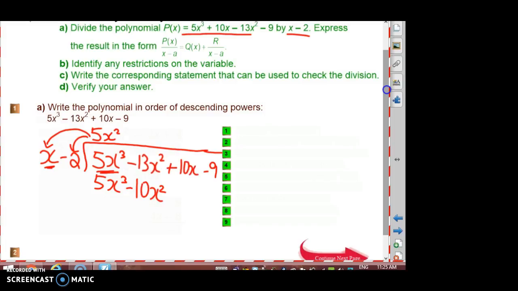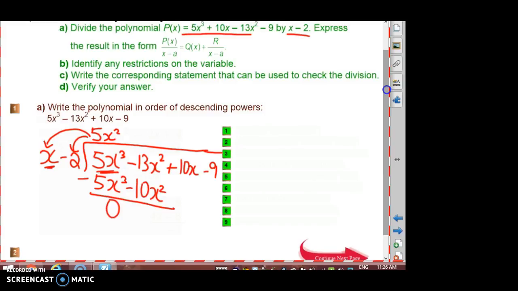Okay, so now we have it in descending order, and this is how we're going to do long division. So you subtract going down, right? So we have 5x cubed, subtract 5x cubed, you get 0. Okay? That's the point of this. If you don't get 0 there, then you made a mistake somewhere.